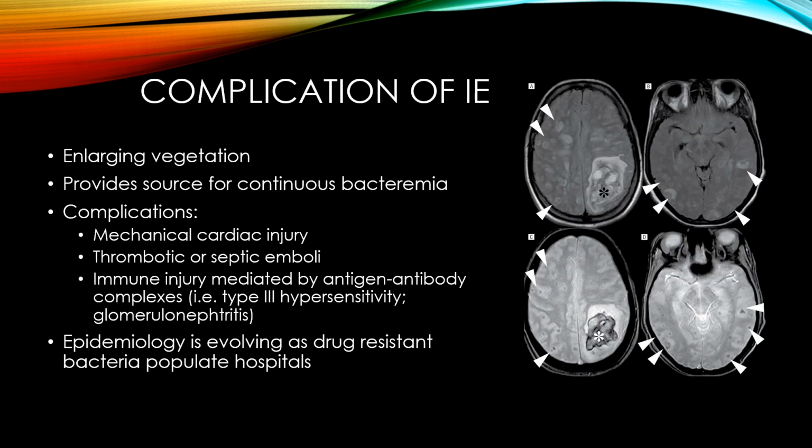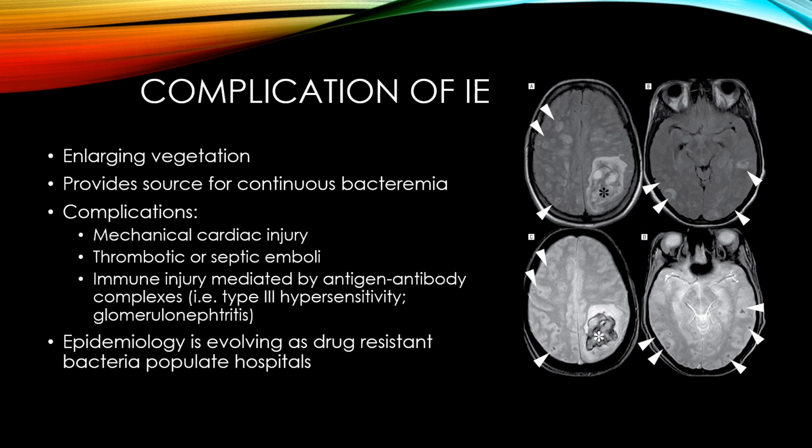Create an abscess, which you can see right here. Okay, and that can be quite deadly. And again, this could happen in the brain. It could happen to the kidneys. It could seed the heart, the aorta. In addition, you have your immune system fighting off this particular bacterium, and you end up with these antigen-antibody complexes known as a type 3 hypersensitivity.